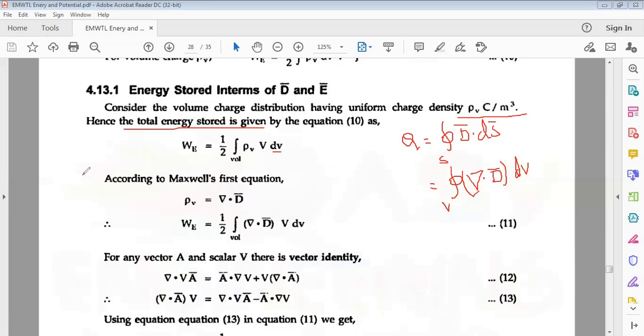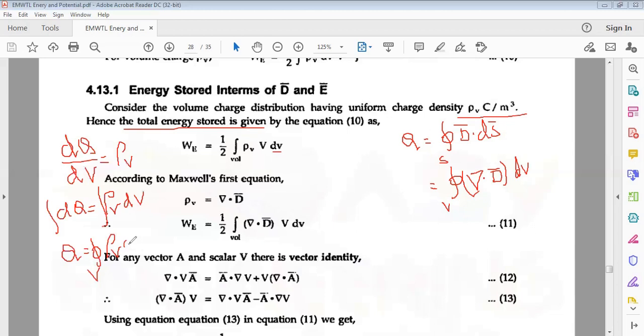And here q, in terms of the volume, now only we discussed that the change of the charge with respect to the volume is the volume charge density rho v, and dq is equal to rho v into dv. Apply the integral on both sides, we get q is equal to the volume integral of rho v into dv. Now this is equal to q and this equation is also equal to q.